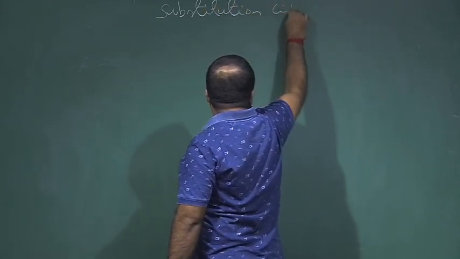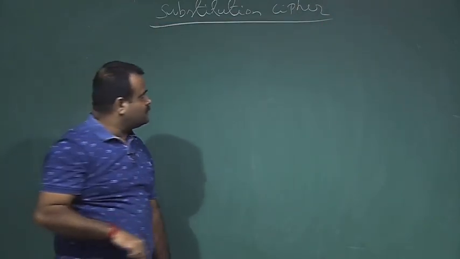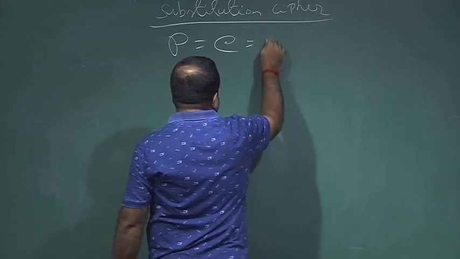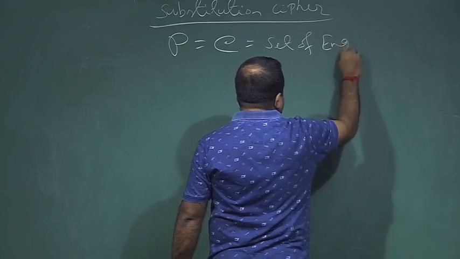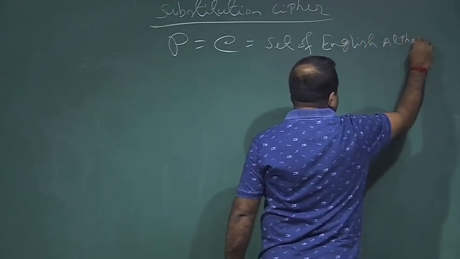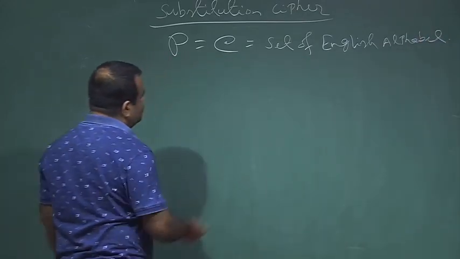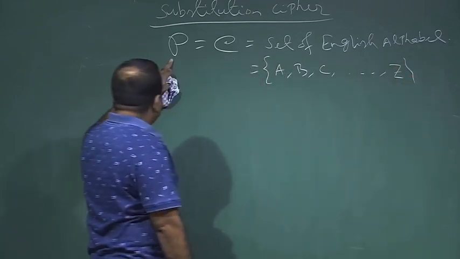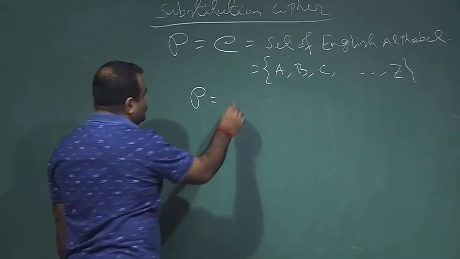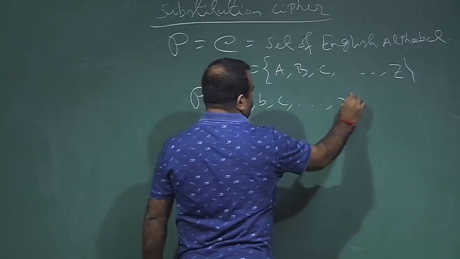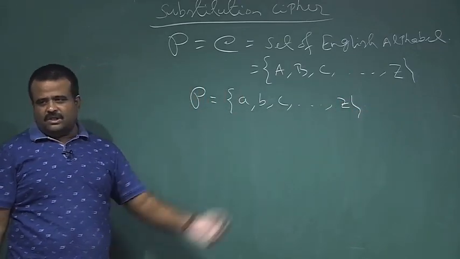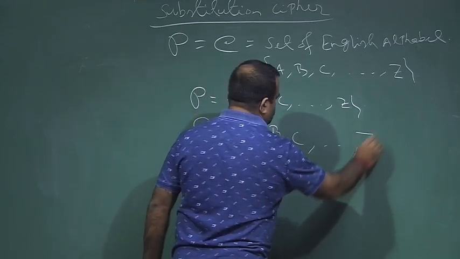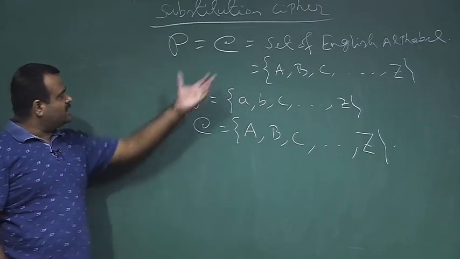Here the plaintext space and ciphertext space are the set of English alphabet, that means the set A, B, C, D up to Z. For the plain text we typically use small letters, to show the difference, and for the ciphertext we use capital letters. This is the plain text space, this is the ciphertext space.